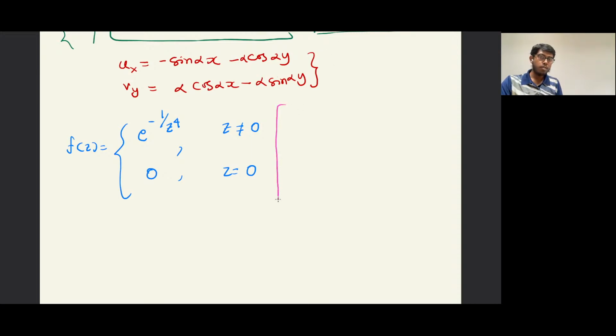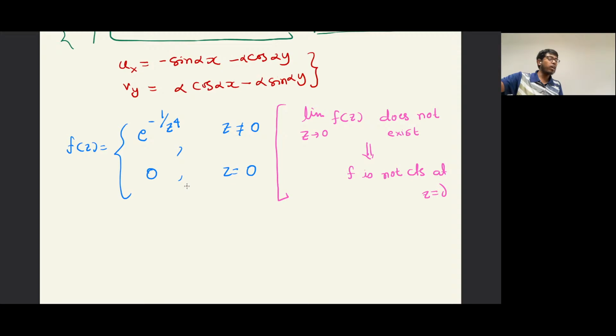So what I'm claiming is that the limit as z tends to 0 of f(z) does not exist. So this in particular will say that f is not continuous at 0. See, at all other points, it's continuous, it's analytic, everything.